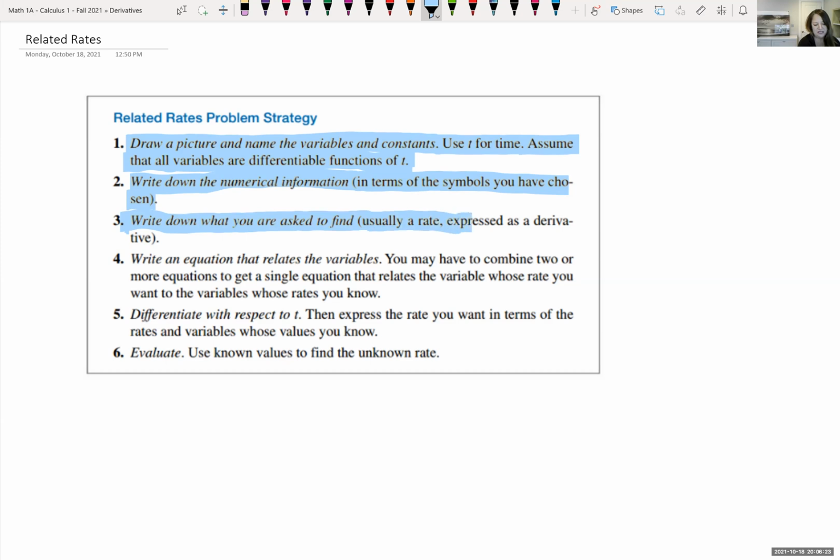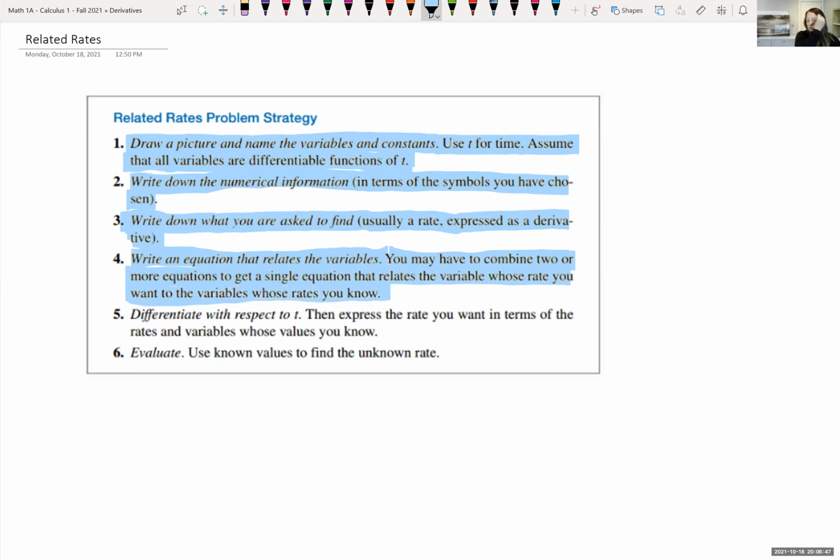Usually it's a rate expressed as a derivative, and usually a rate at a certain specific time. Write an equation that relates the variables. You may have to combine two or more equations to get a single equation that relates the variable whose rate you want to the variables whose rates you know.